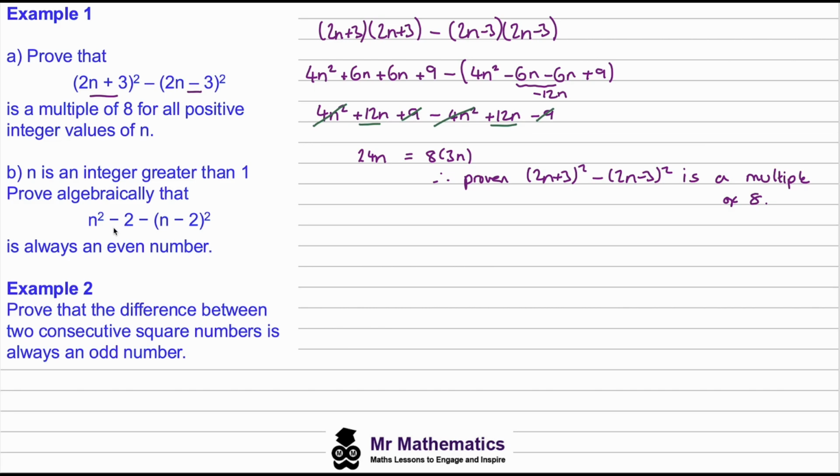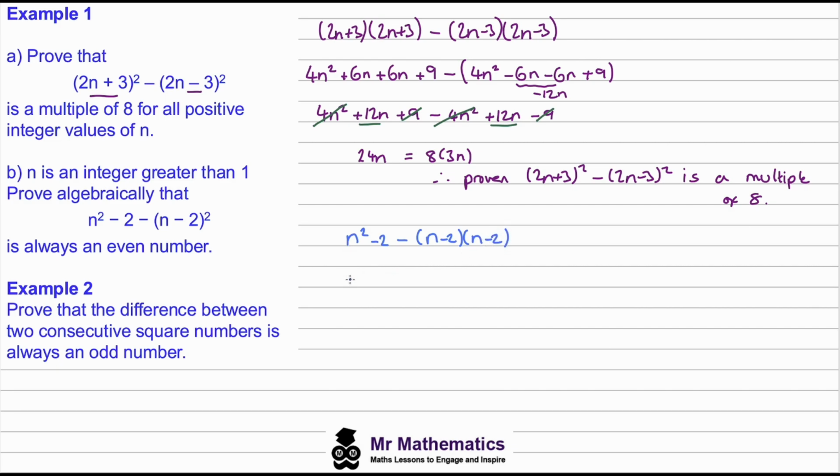Okay? So perhaps you want to try question B yourself. So if we begin, we've got n squared minus the 2, and then we can expand out these brackets, but we need to keep the negative on the outside. So negative (n minus 2), and then another (n minus 2).